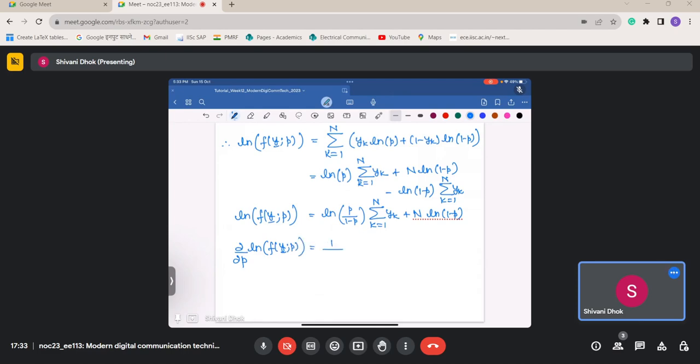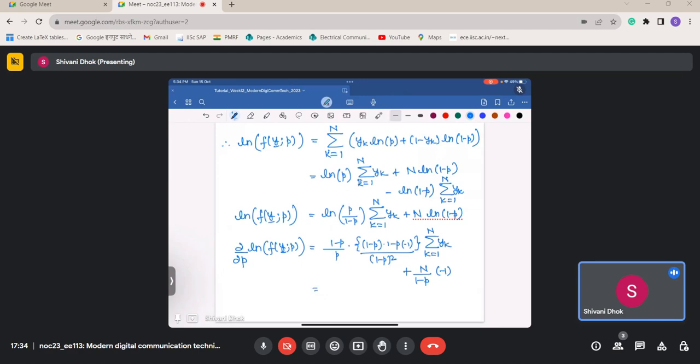In the first term, you have 1 upon p divided by 1 minus p, or I can write it as 1 minus p by p, multiplied by 1 minus p into the differentiation of p, that is 1, minus p times the differentiation of minus p, that comes out to be minus 1 upon 1 minus p square, into summation k running from 1 to capital N of yk, plus n times 1 minus p multiplied by minus 1.